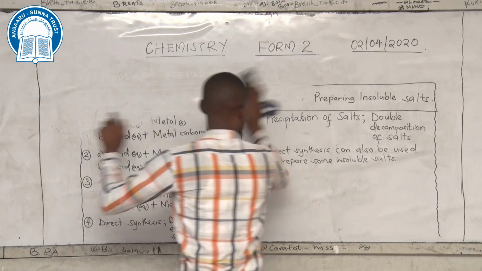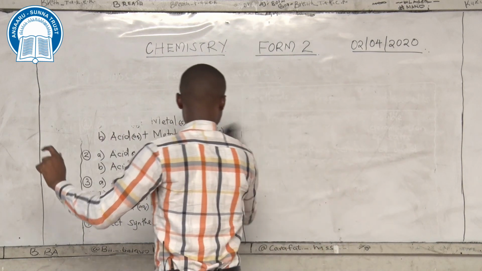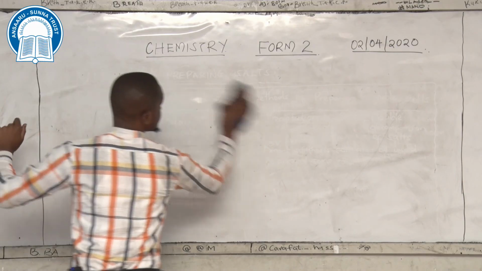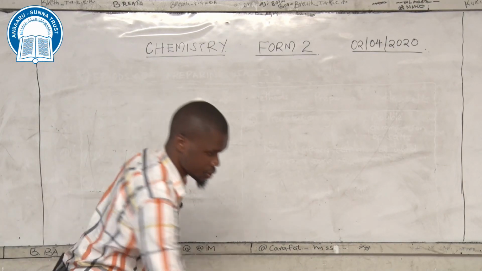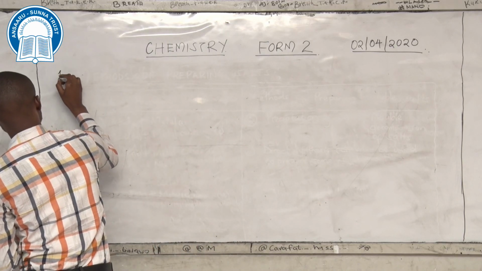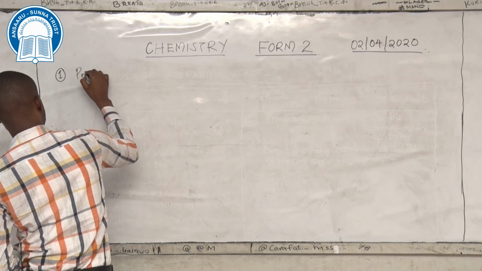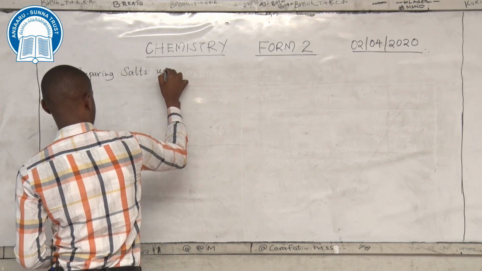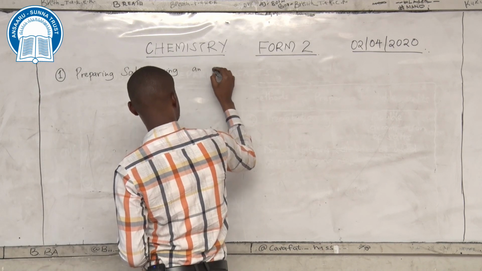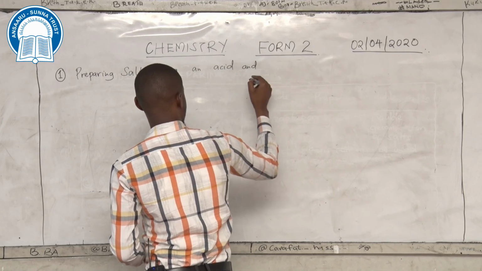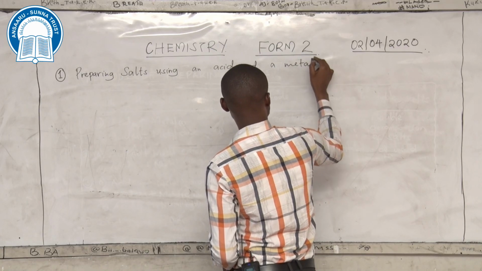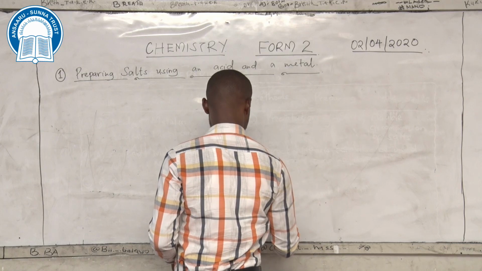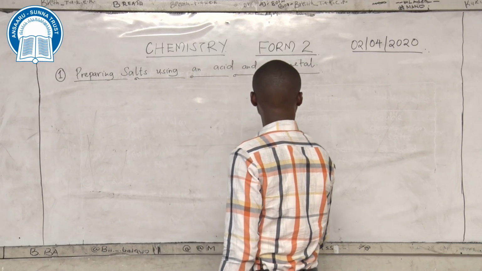There we go. So our first method, the first method we're discussing today, which will mark the end of our discussion today, is preparing salts using an acid and a metal.